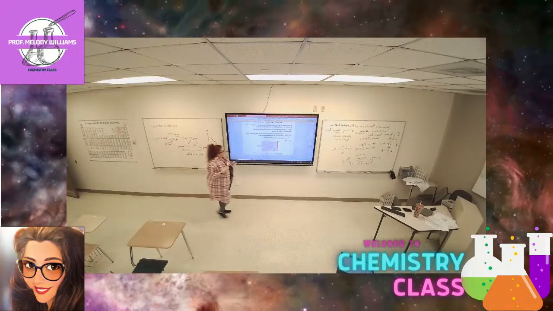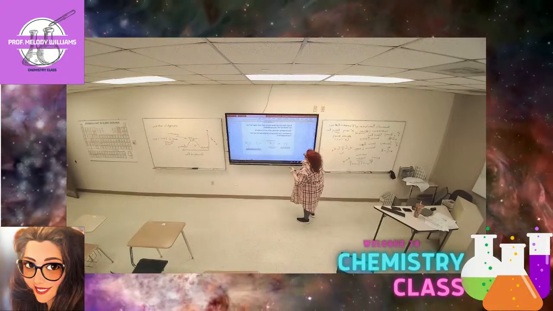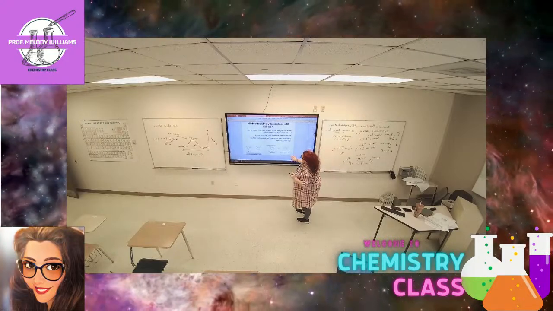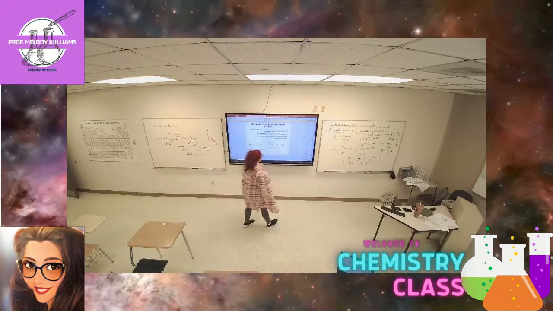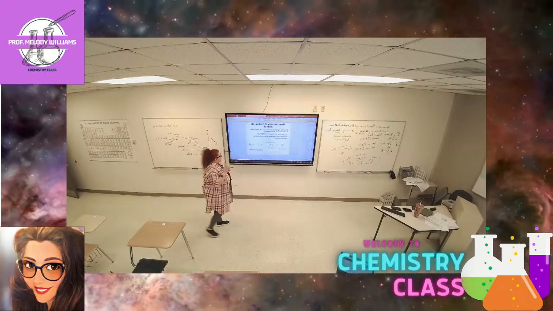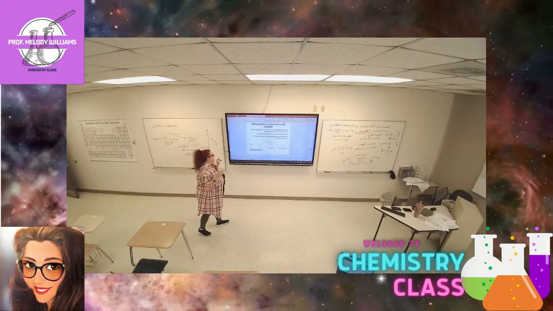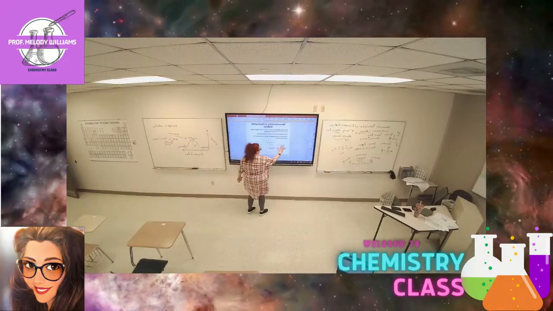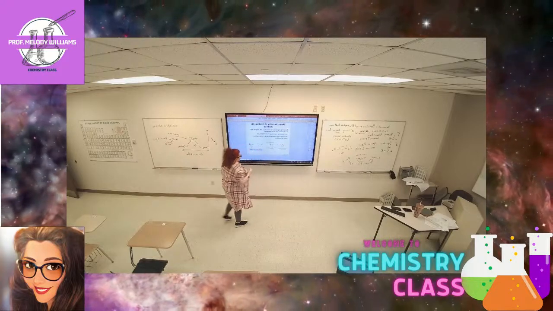Okay. So let's look at how we do this. So when we're talking about flat molecules with trigonal planar atoms, they form a triangle and they're flat.